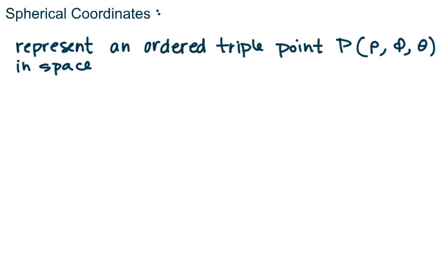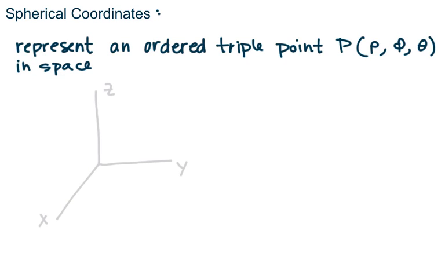So let's draw this to kind of derive what we are looking at. So we've got our coordinate system in space, x, y, and z. Spherical coordinates relate to both our definitions for polar, and then we extended polar into 3 dimensions, and that gave us cylindrical coordinates.